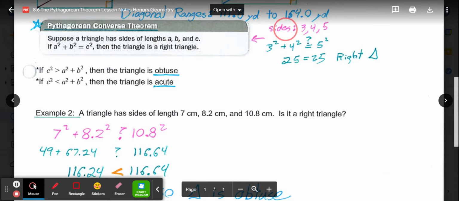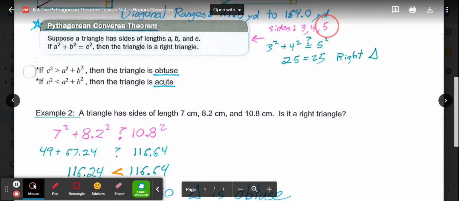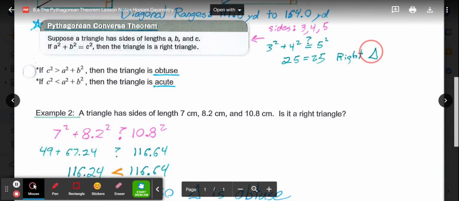For example, if you were told you had a triangle with sides of 3, 4, and 5, you would want to check, does a squared plus b squared equal c squared? And c would always be your longest side. So does 3 squared plus 4 squared equal 5 squared? Both are 25, so that tells us we would have a right triangle.